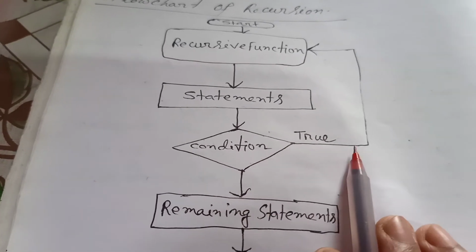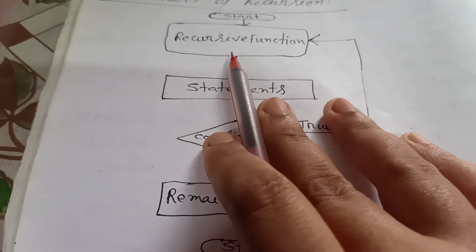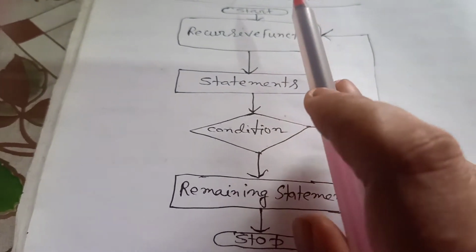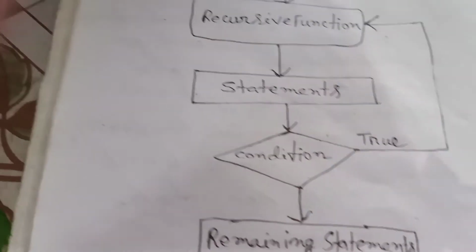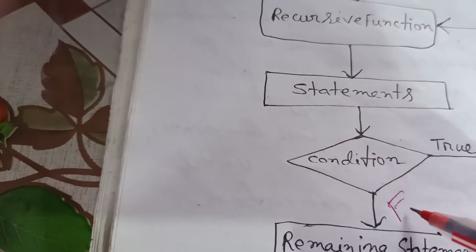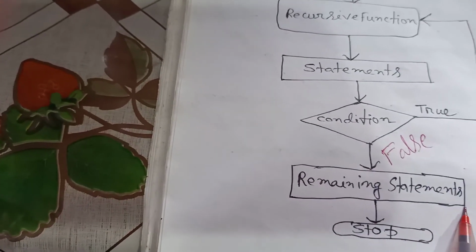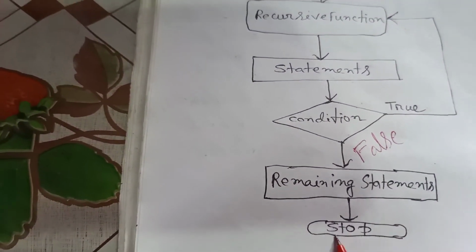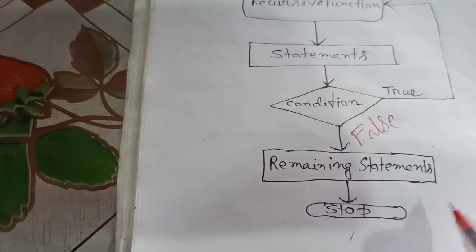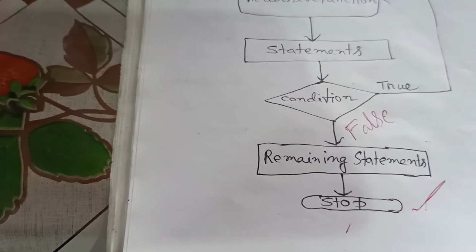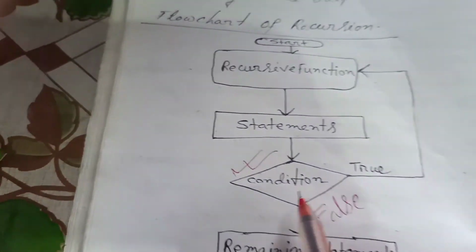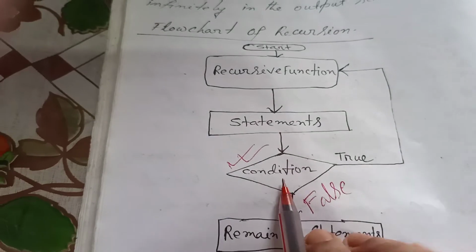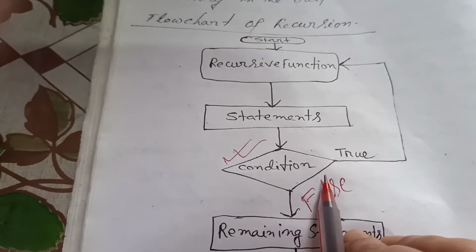If the condition is true, then the recursive function is called. If the condition is false, then the remaining statements execute and the program stops. So it is important to use a condition to avoid infinite times execution.